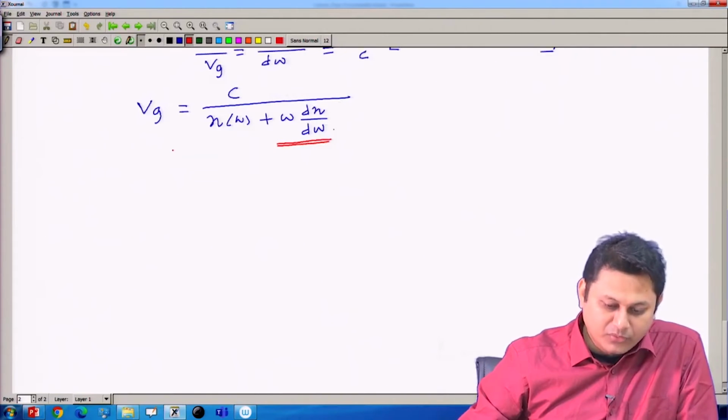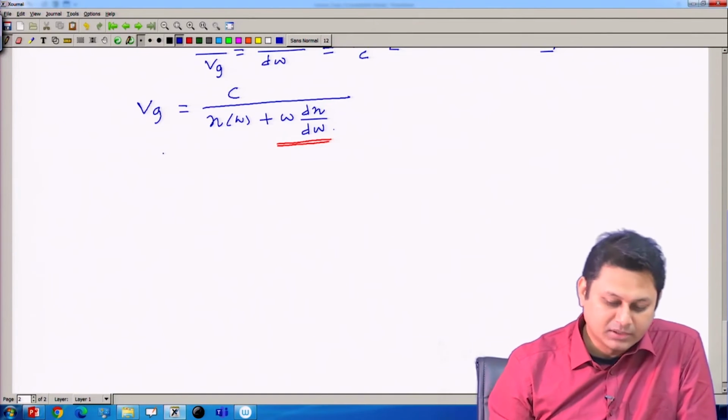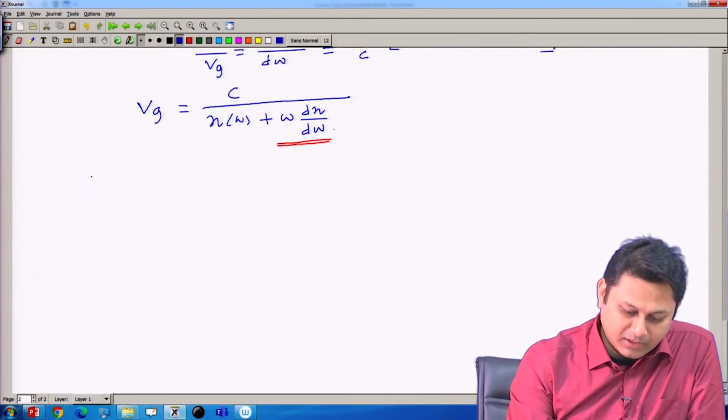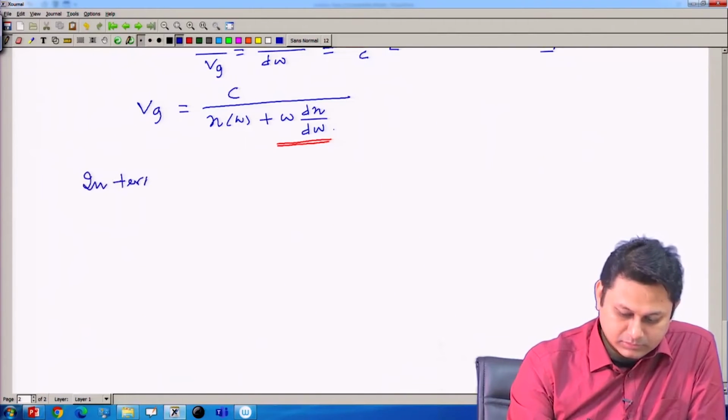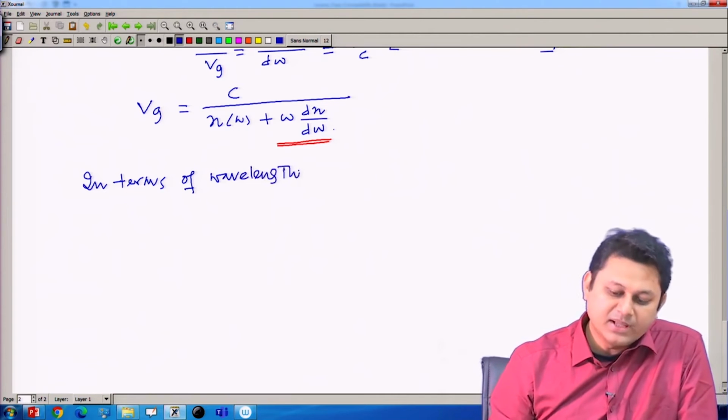Now, if I want to find out the expression of Vg in terms of lambda, so in terms of wavelength, how one can write that? Why am I doing that?